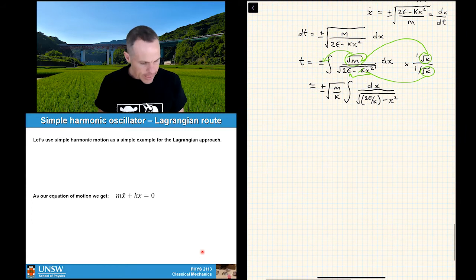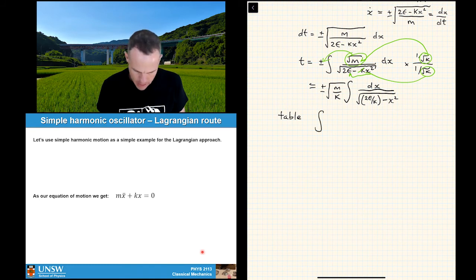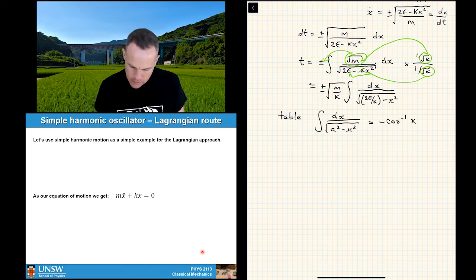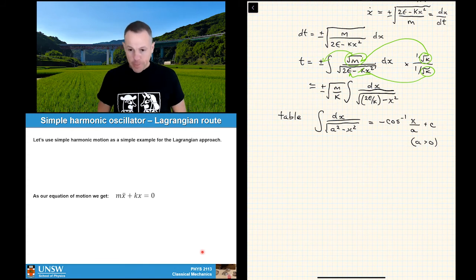The one I'm going to get from a table of integrals is the integral of dx on the square root of a squared minus x squared, which is minus cos minus 1 of x on a, plus c. C is just a constant, where a is greater than 0.